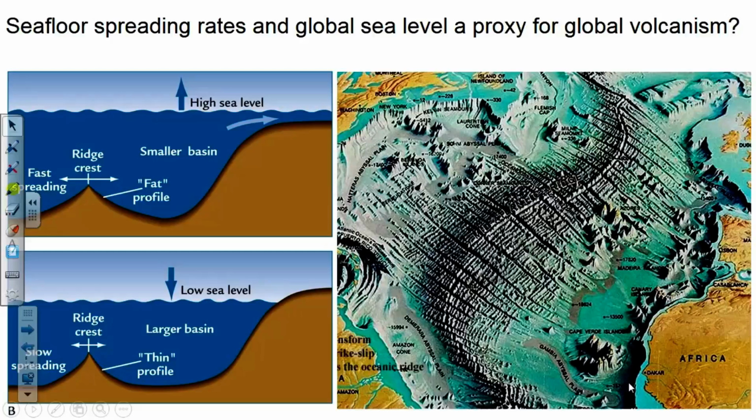So not only are you adding CO2 in this case because you're increasing the rates of volcanism, okay, both at subduction zones and at mid-ocean ridges, but you're also flooding these continental shelves, making lots of shallow seas. That might promote the precipitation of calcium carbonate. That would then add more CO2 into the atmosphere.